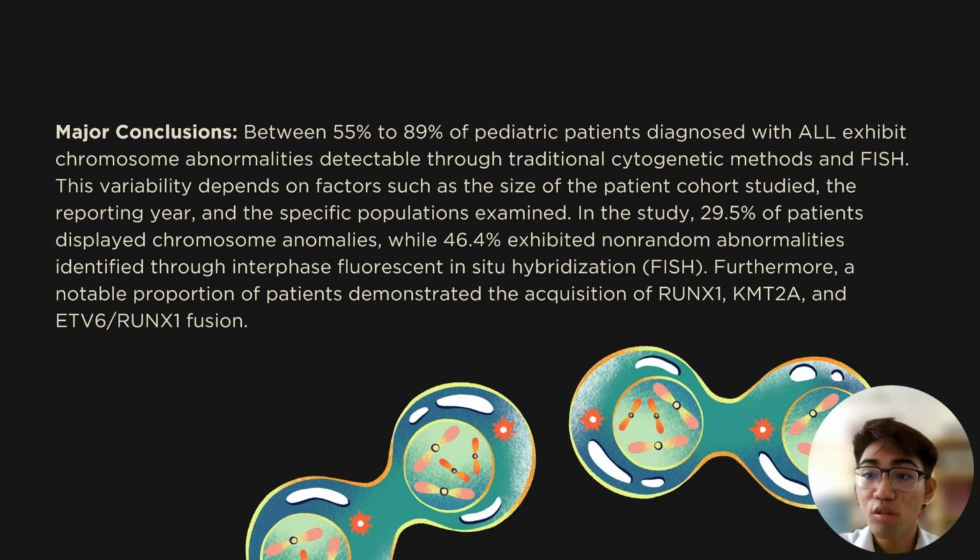From their study, they conclude that between 55 to 89% of pediatric patients diagnosed with ALL exhibit chromosome abnormalities detectable through traditional cytogenetic methods and FISH. Further variability depends on different factors such as the size of the patient cohort studied, the reporting year, and the specific population examined.